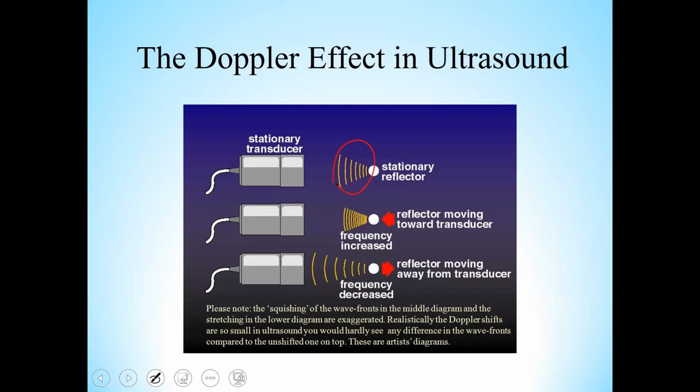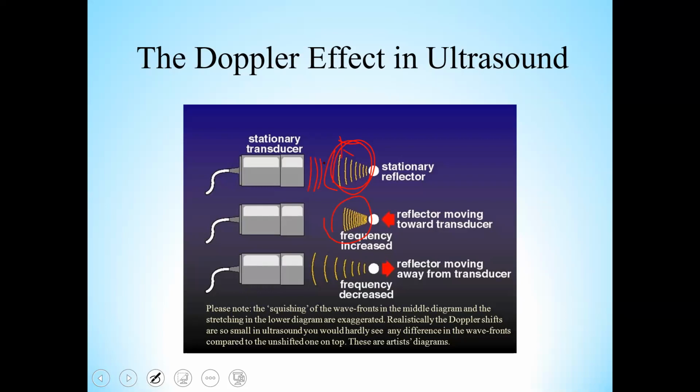And in the second example, you can see the reflector is moving towards the transducer. So if the transmitted frequency is like this, then the receiving frequency is like this. Because in the first example, the frequency is not affected, and the receiving frequency is like the transmitted frequency.